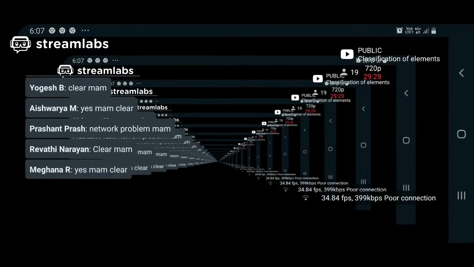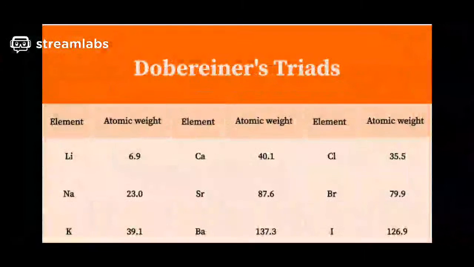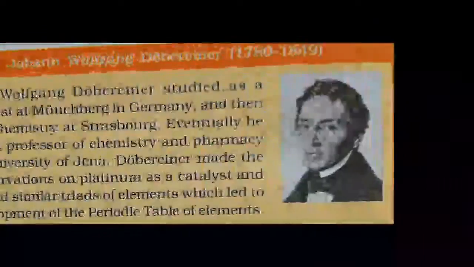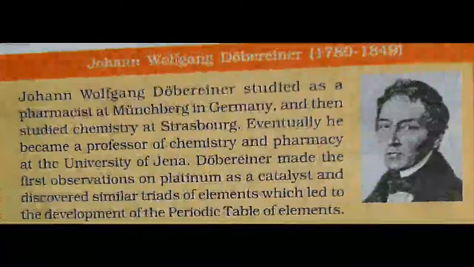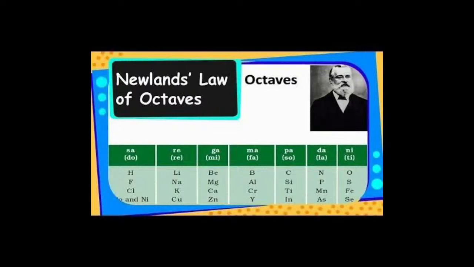Okay, let me share the screen. You can have a view of the periodic table created by Newlands. The elements are hydrogen, lithium, beryllium, boron, carbon, nitrogen, oxygen.